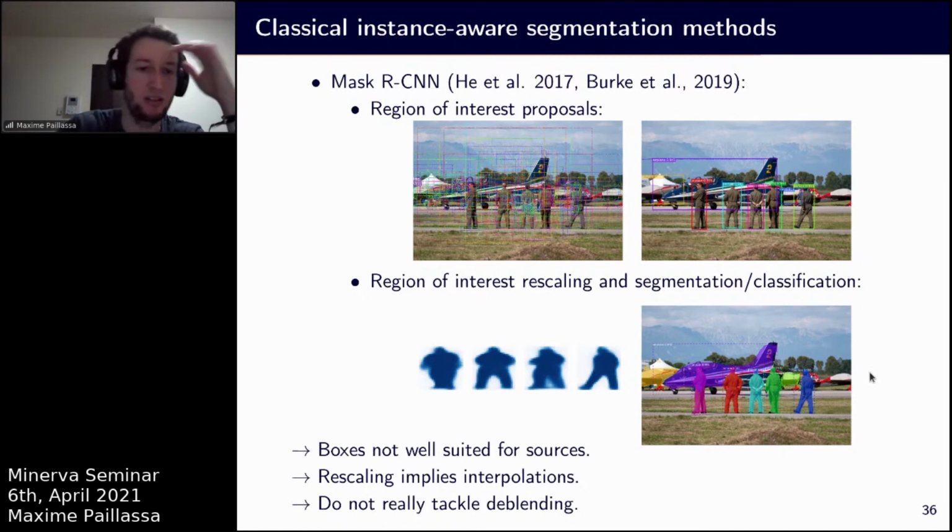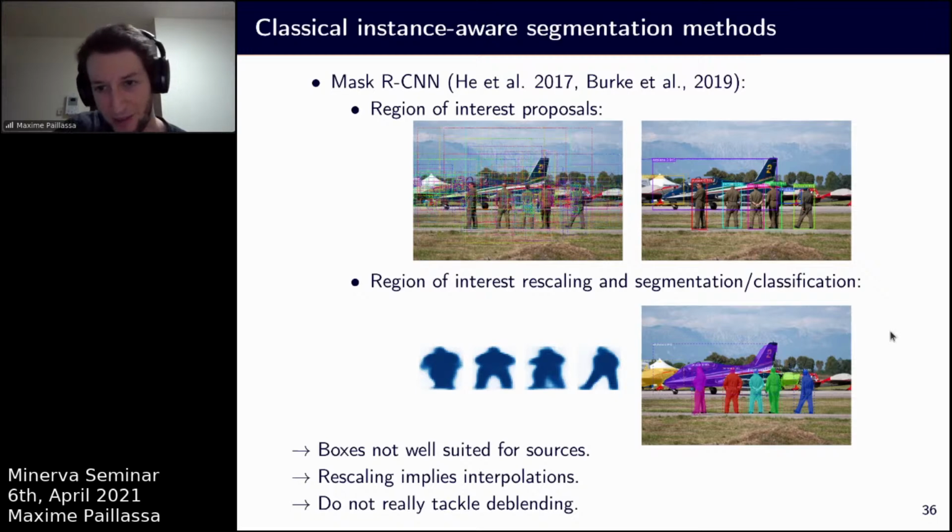This method also has some difficulties tackling blending. In fact, there are not a lot of methods tackling blending, because in images of natural scenes, this is not really a problem of deblending but more a problem of occlusion, that is, an object is in front of another and hides it. But as objects are opaque, it's not really the same problem as deblending, where we have in each pixel the contribution of several objects.